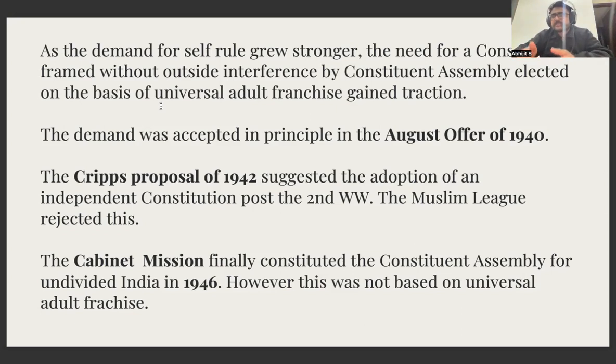However, in 1946, when the Constituent Assembly was finally framed, the members were not elected based on universal adult franchise. Some members came from the region of the Indian subcontinent that was under the British. Some members came from the princely states, but these members were not elected by the general population. These members were elected by the representatives of either those princely states or those provinces of British India.